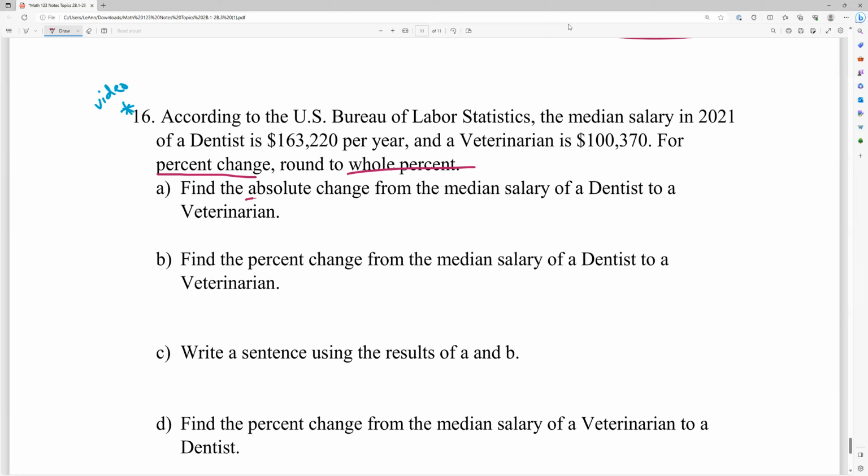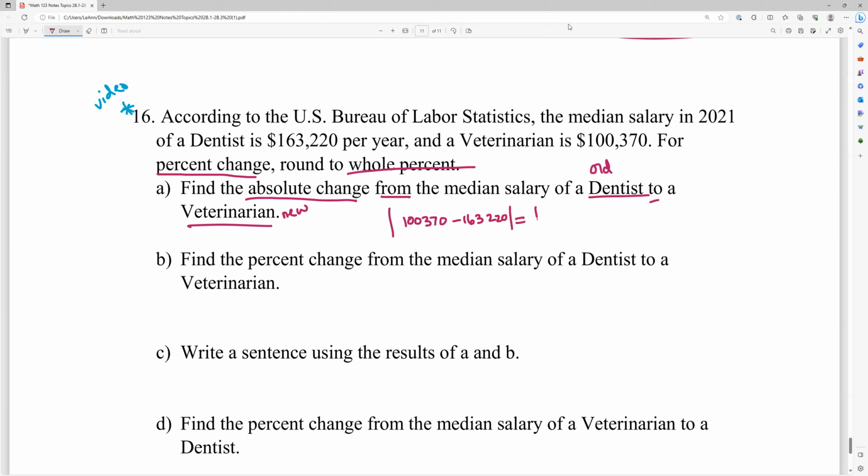So the first thing they want us to do is the absolute change from dentist, this would be the old, to vet. So this will be the new. So absolute value of new minus old when we do, remember, absolute change. So the veterinarian is the new. The dentist salary is the old.